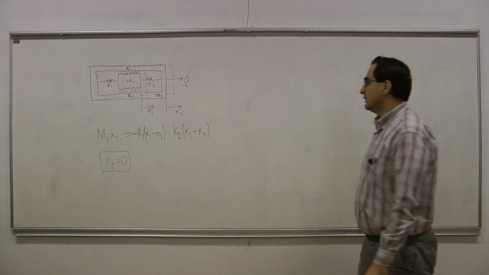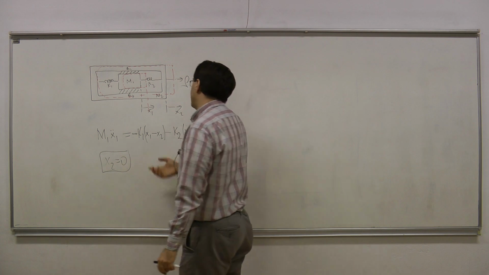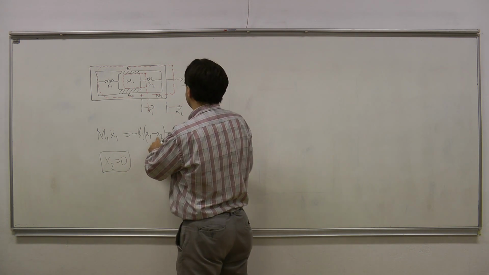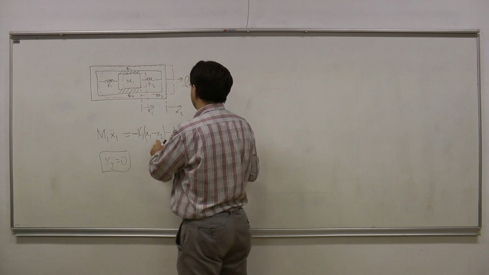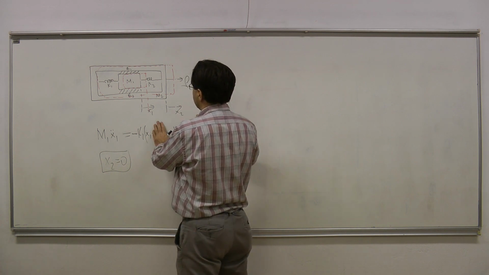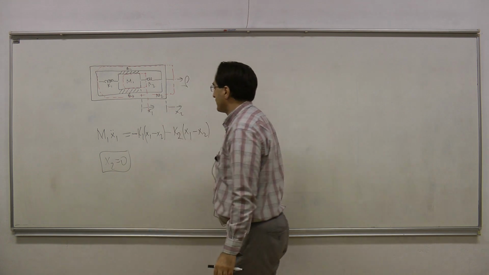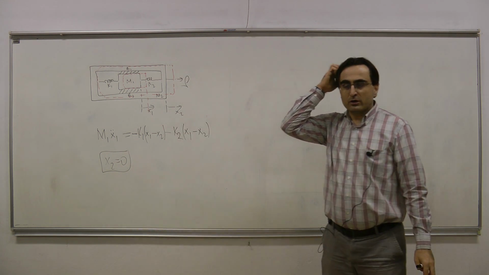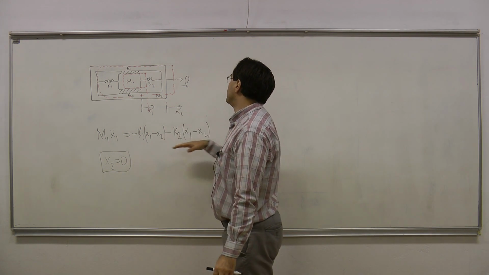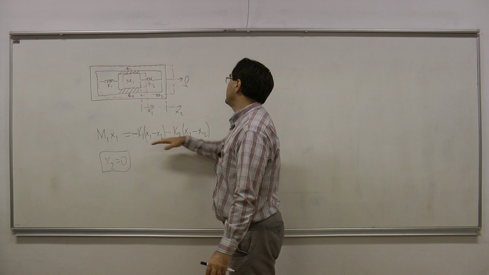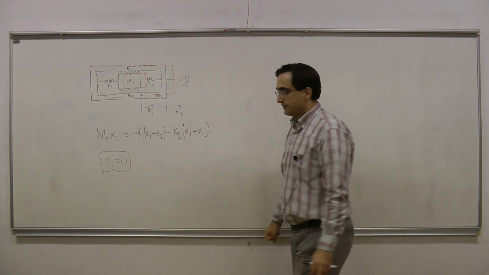And also here it satisfies that when x2 is equal to 0, I would have the forces that are required by the springs. So this completes the forces that are written due to the springs.